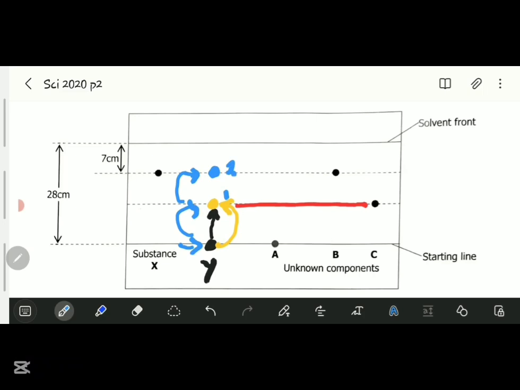Then a question may be asked: what two substances were mixed to form Y? Because substance 2 is in line with B, it means B was used to make Y. And substance C also is in line with the first dot.